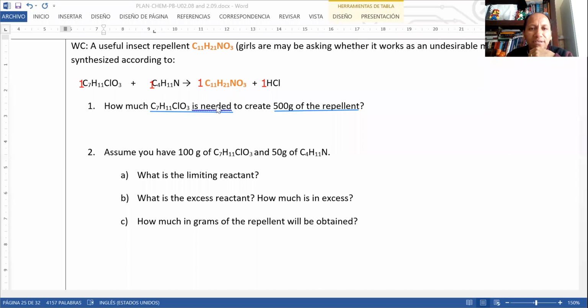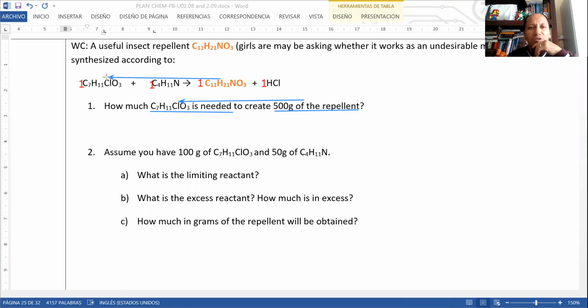We're moving from the grams of the repellent, from 500 grams of the repellent, to C7H11Cl3 and so on. This is the data they are giving you. You're moving from here to there, in the reaction, to be precise, from the repellent to specifically C7H11Cl3.